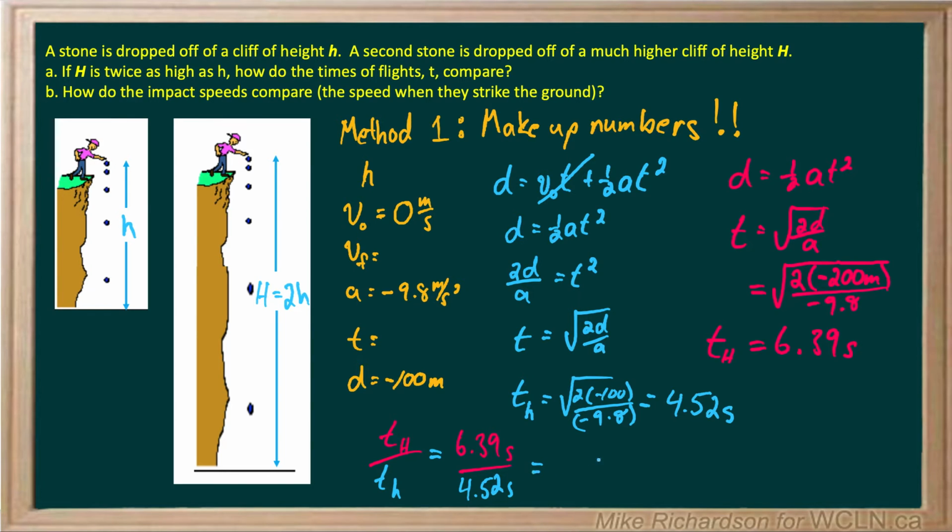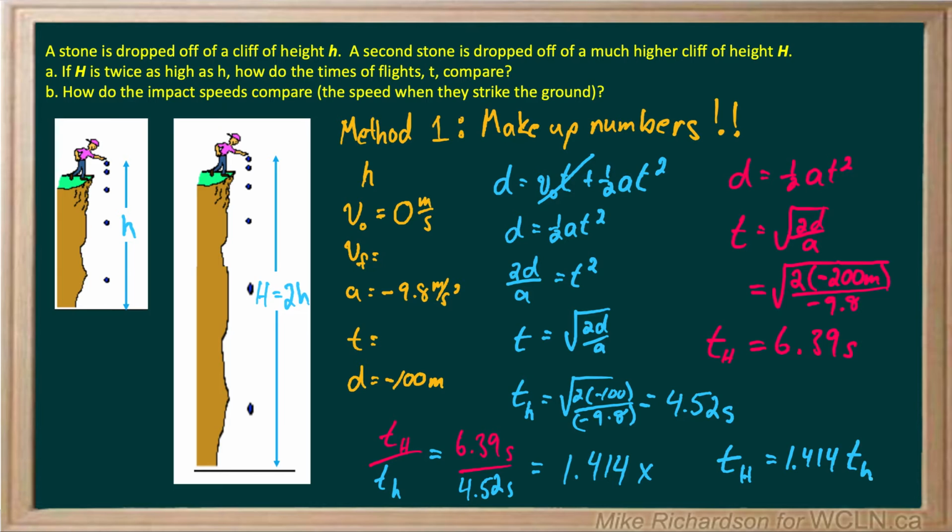Seconds cancel, and I get 1.414 times bigger. So in other words, the time of flight to fall a bigger distance is 1.414 times the time of flight for the smaller distance.